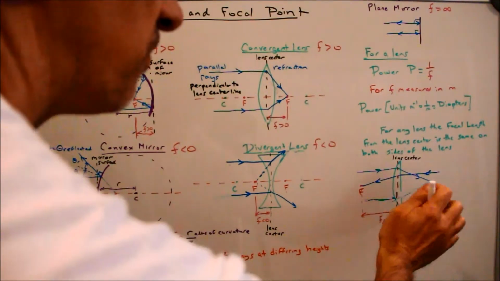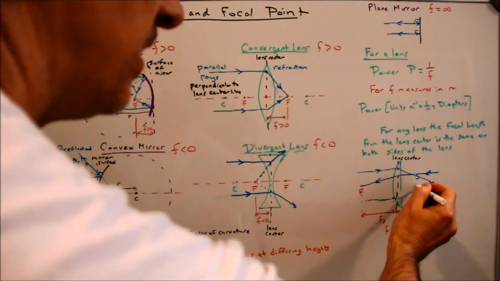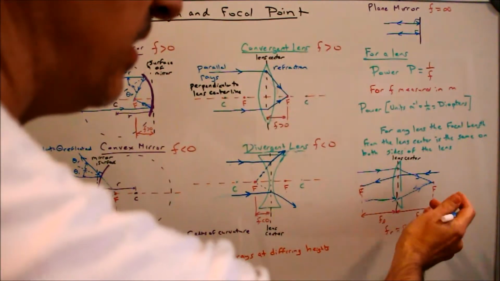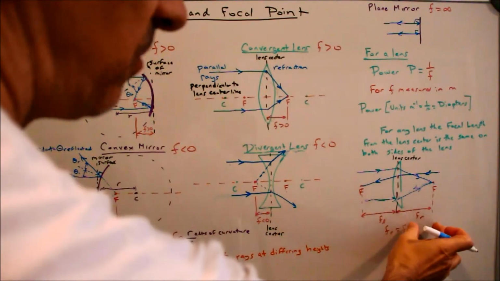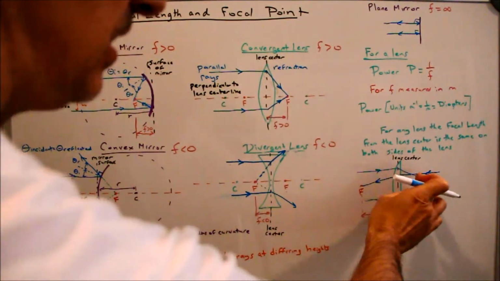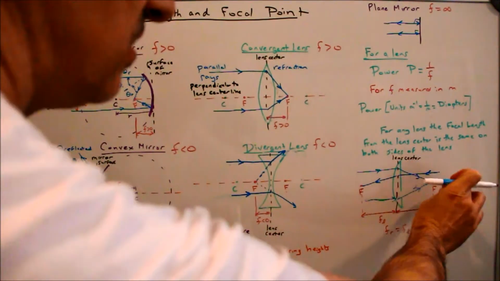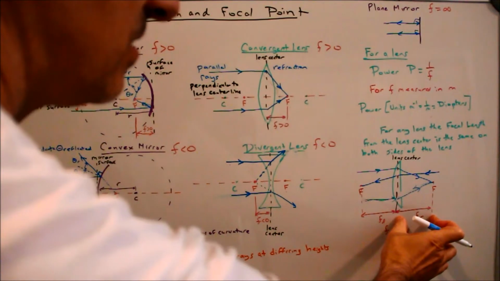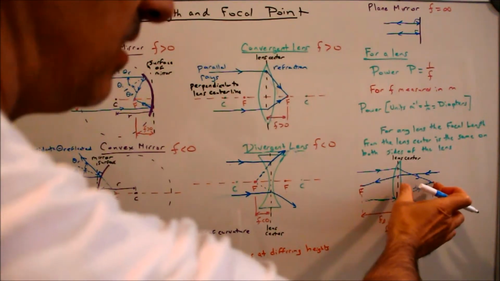Let me draw it a little better. They would refract and go through this focal point, as we talked about before. So here's the focal point for rays coming in from the left side, being converged in this case to this focal length seen on the right side.